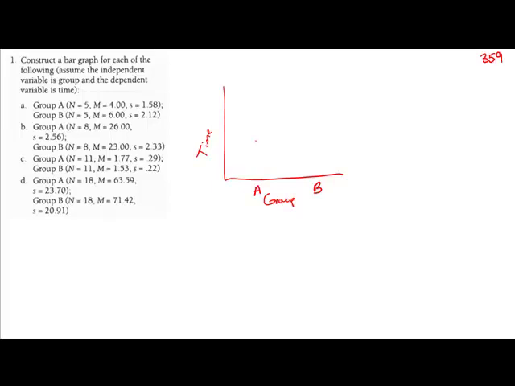The mean is 4. So 1, 2, 3, 4. A little bar graph here. Group B, N is 5, mean is 6. 5, 6.